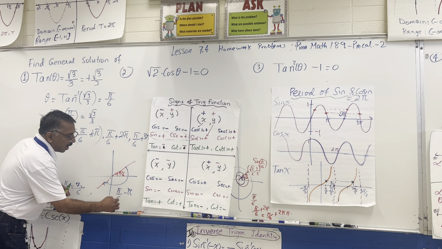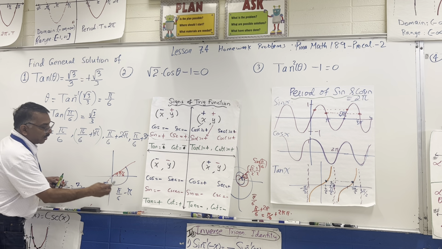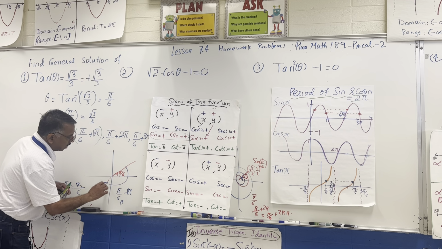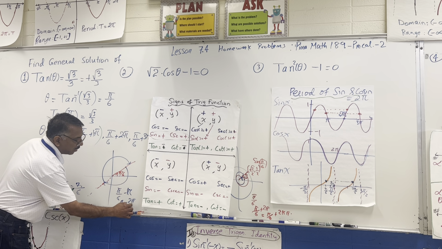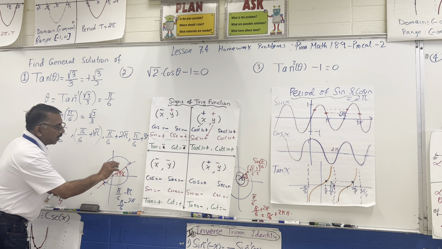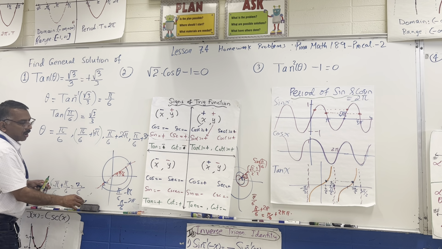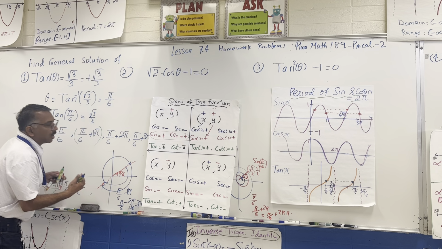So not just plus 1, it could be minus 1. Then you can go this way, another minus 2 pi. This is pi by 6. Then again minus another pi. So it is pi by 6 minus 3 pi, and it goes on.